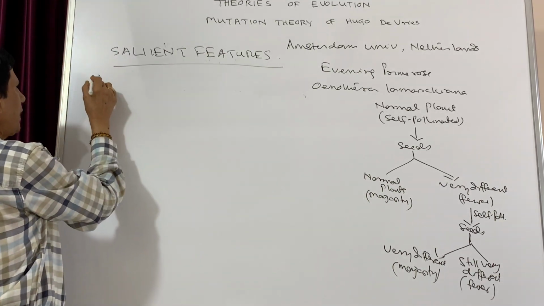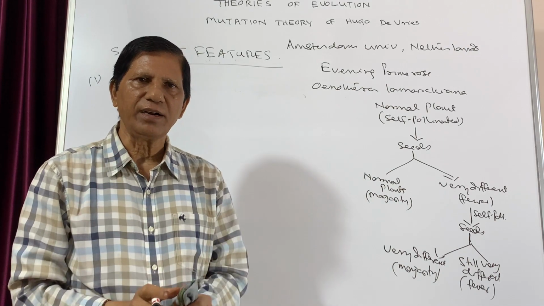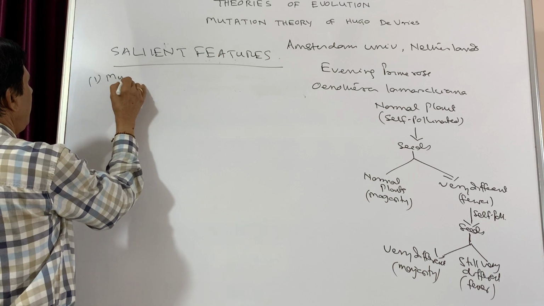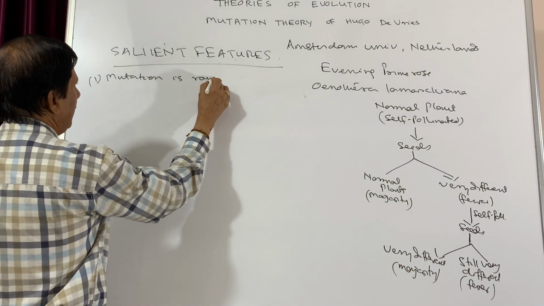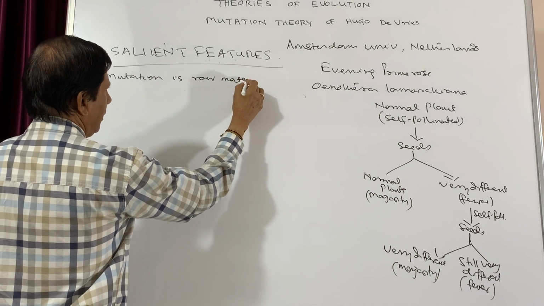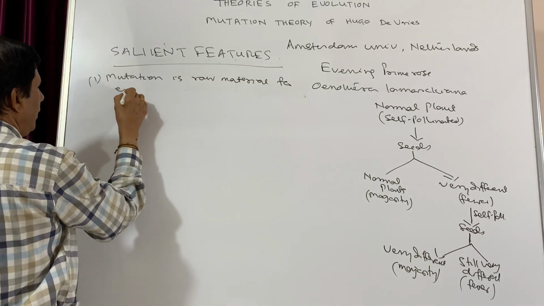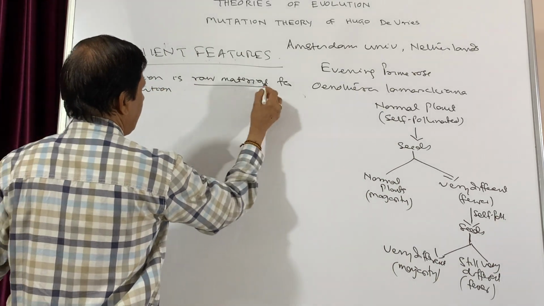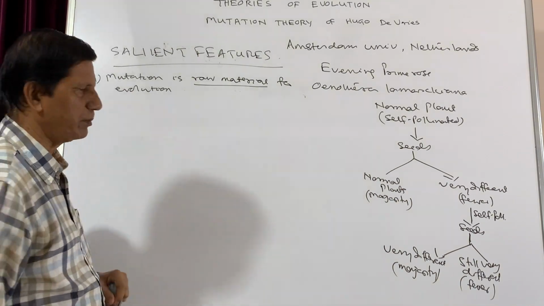The first important point is mutation is the raw material for evolution. So this is very important. That means unless there is mutation, evolution cannot take place.